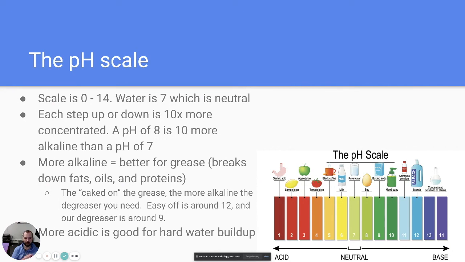Each step up or down on the pH scale is 10 times more concentrated. So a pH of 8, like an egg yolk as you can see in the little picture, is actually 10 times more alkaline than water. Milk has a pH of 6, relatively close to neutral, and is 10 times more acidic than water.